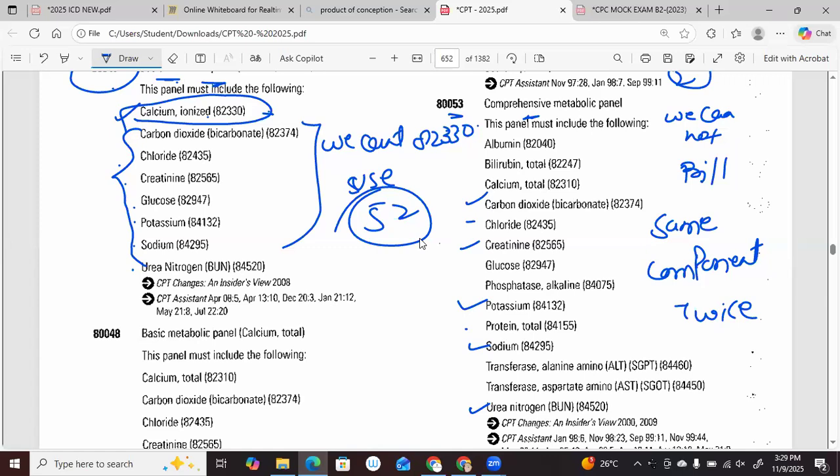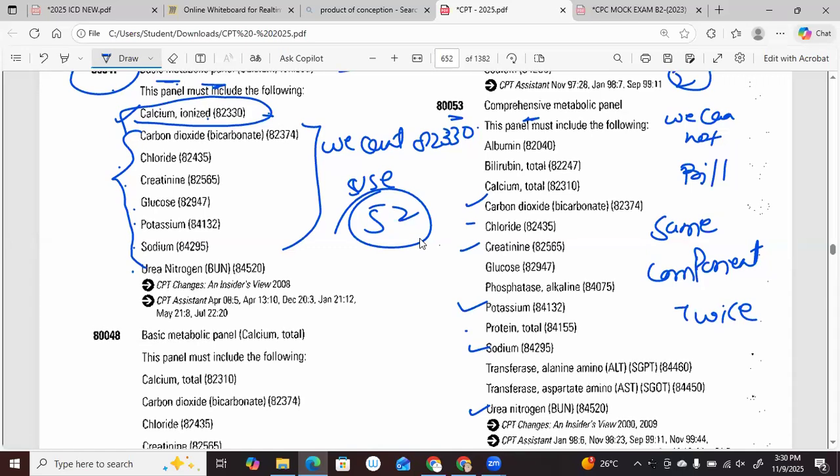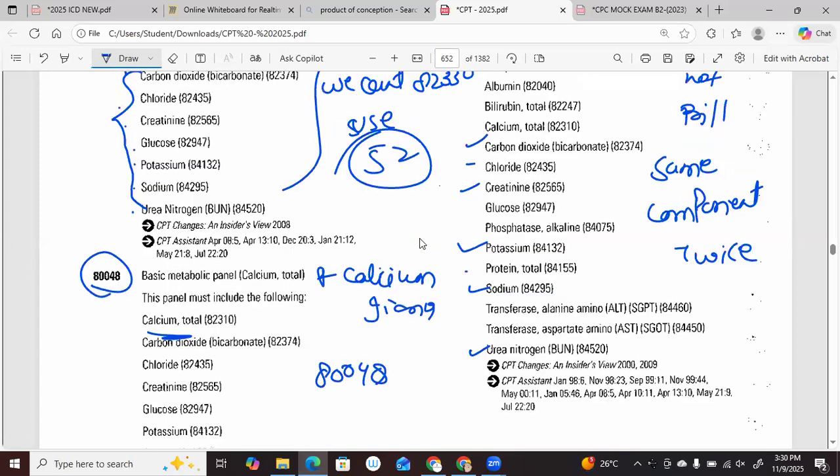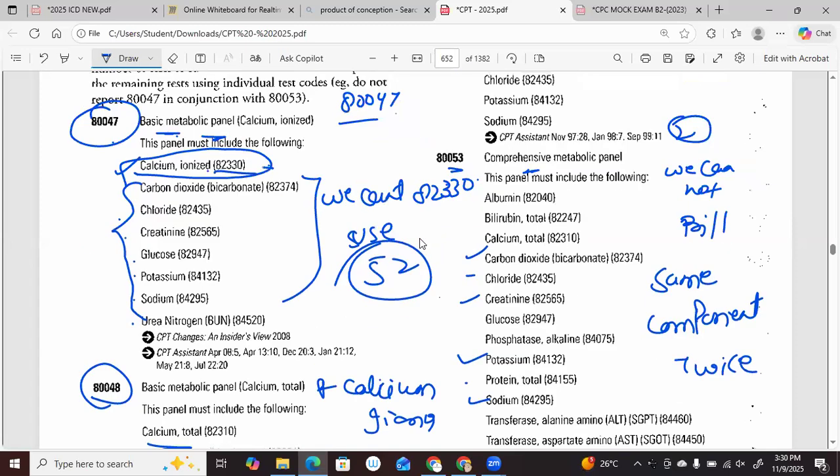Yeah, ma'am, I didn't get the last point. Okay. Let's say the doctor ordered a basic metabolic panel with both calcium total and calcium ionized. If we bill 80048, calcium ionized is not included in 80048. So what we will do is bill 80048 and code calcium ionized separately with 82330.